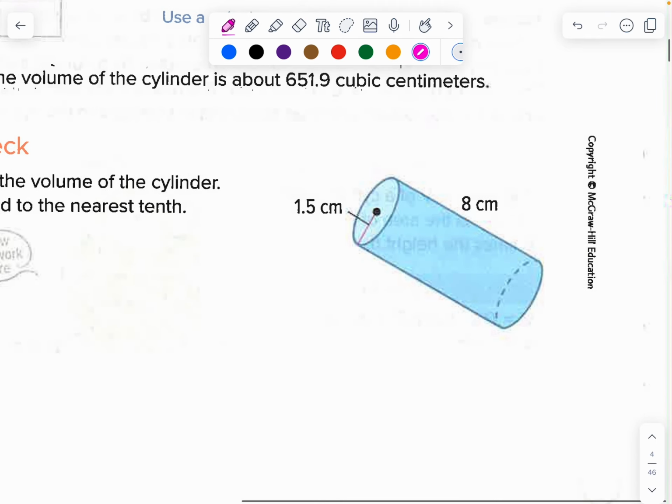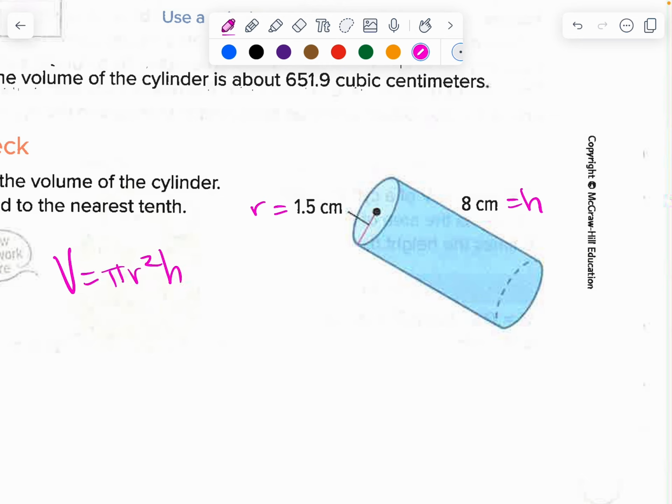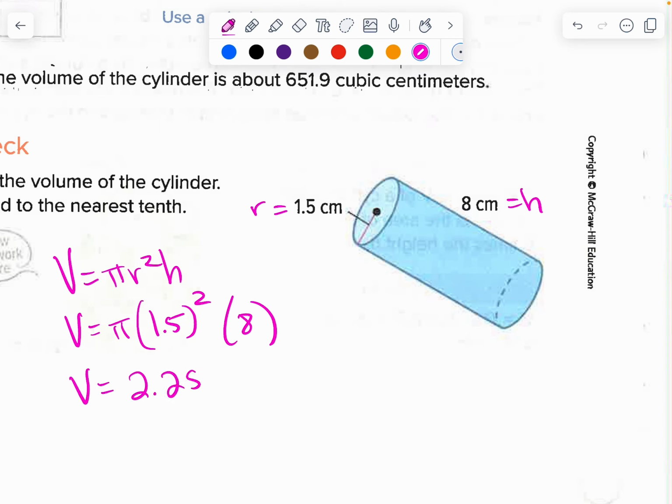Okay, same thing here. This again is my radius. This is my height. I have V equals pi r squared h. So I'm going to replace my r with 1.5, my h with 8. So I get 2.25 times 8 pi.